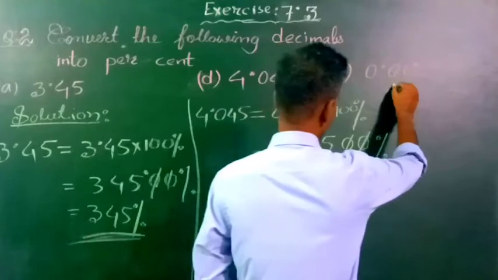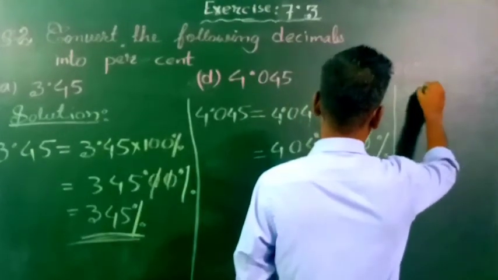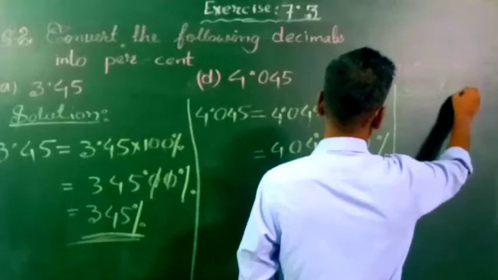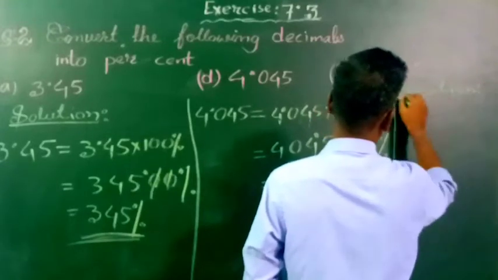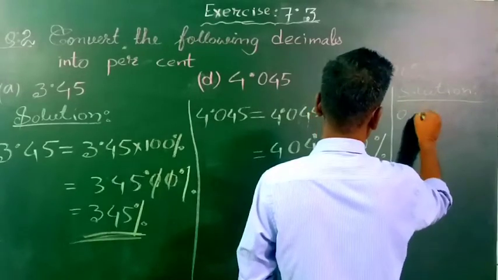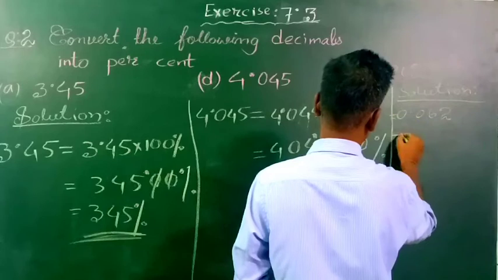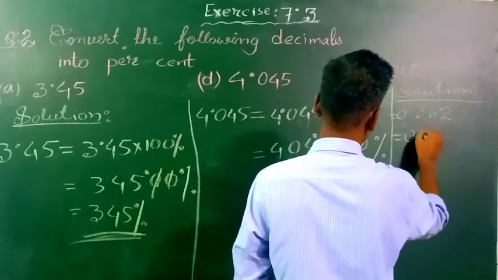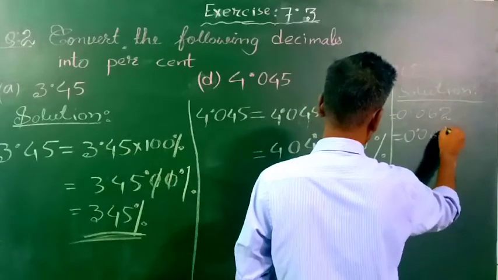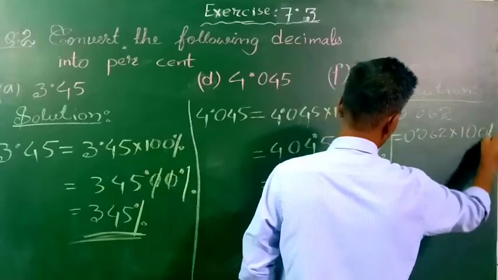Now remaining is 0.062. Solution, it's a very simple question. See, 0.062 into 100%.